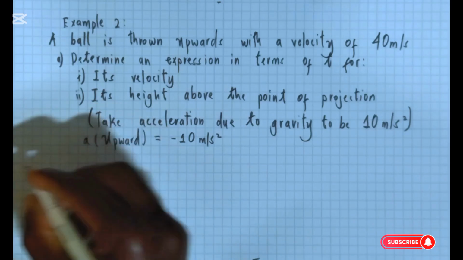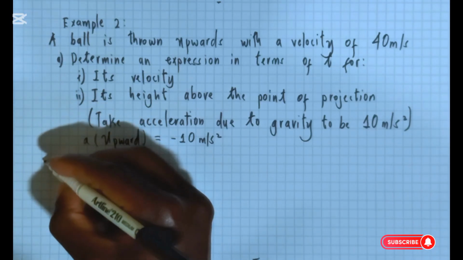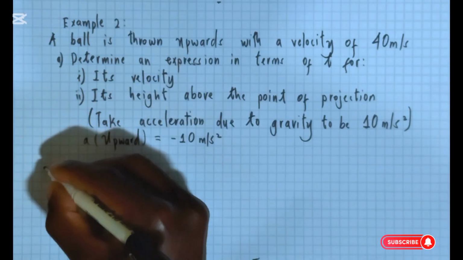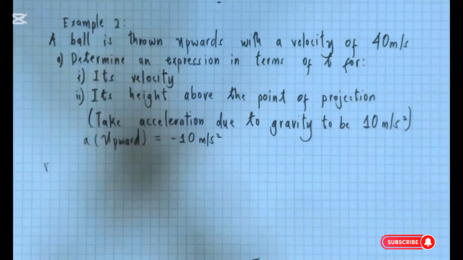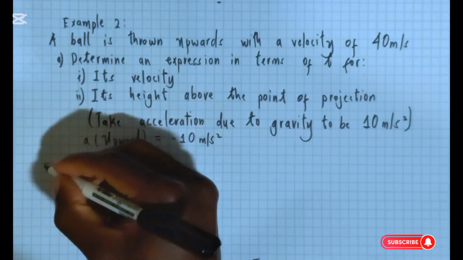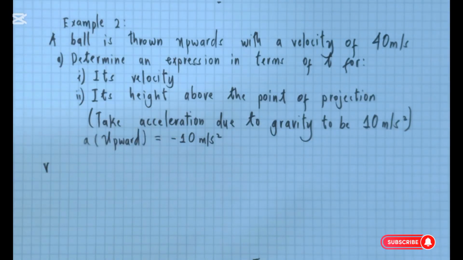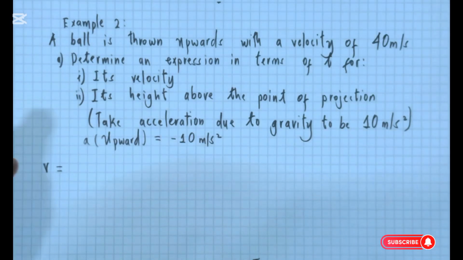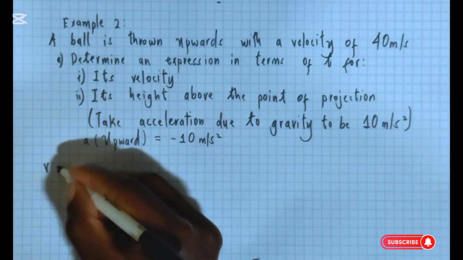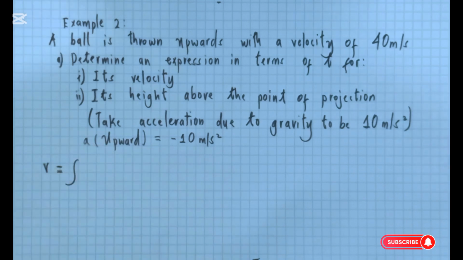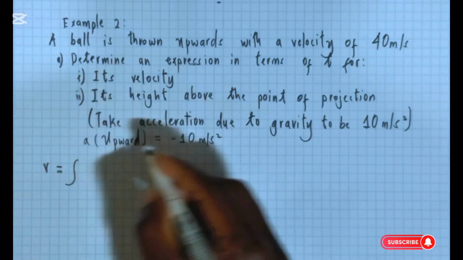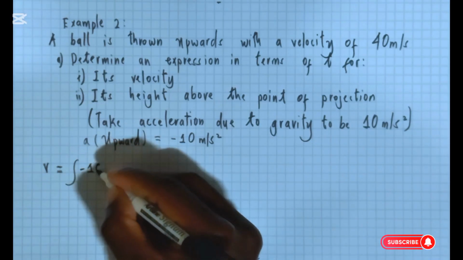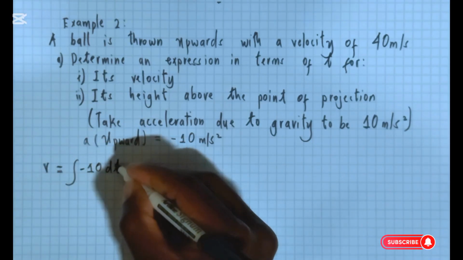That means that because we're supposed to determine the velocity, our velocity, which is v, is going to be equal to the integration of acceleration, which in this particular case happens to be negative 10, with respect to t.